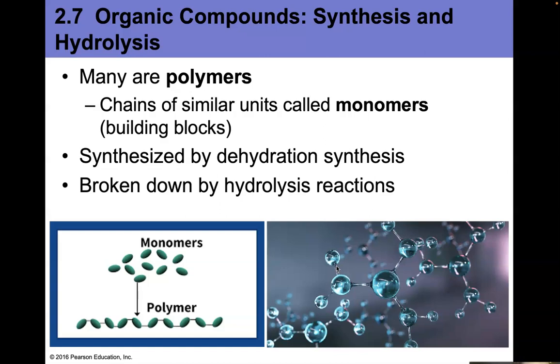That's what I like, right? So when we make any of these organic compounds, we're making polymers, okay? We're going to take chains of these smaller building blocks called monomers, and we're going to put them together in a building reaction called dehydration synthesis, okay?